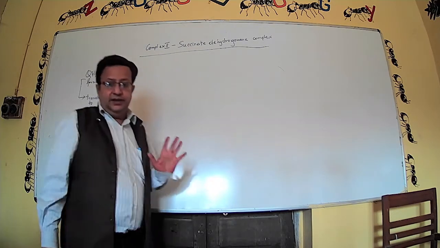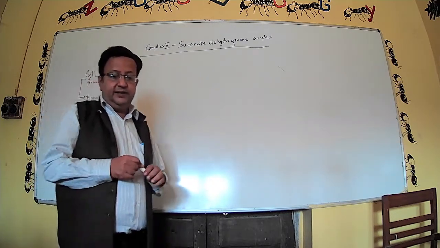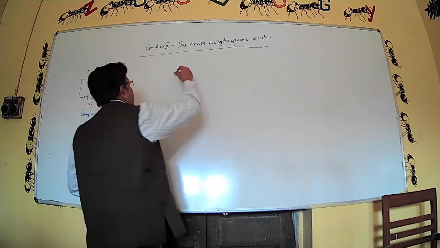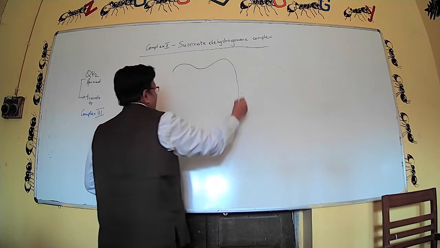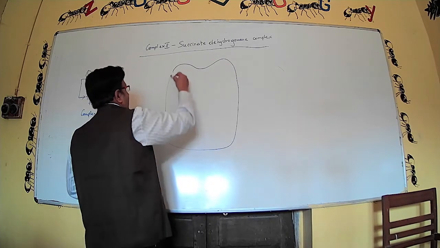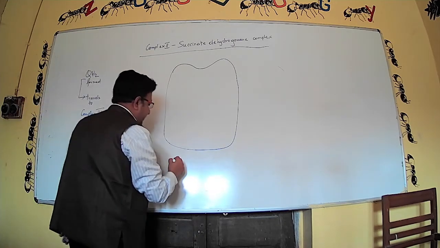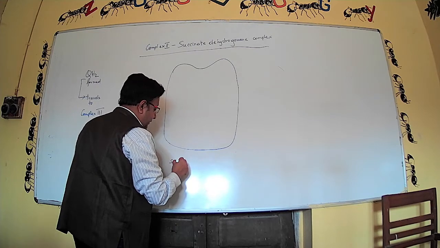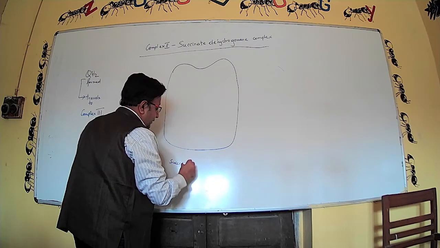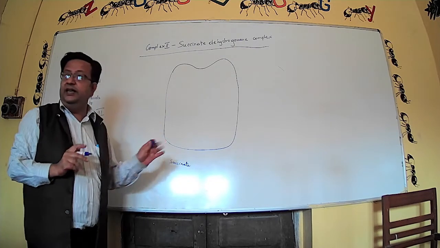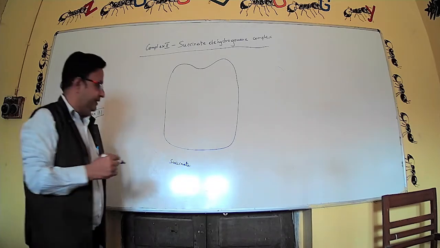So let's look at the structure. Something like this it looks. Succinate to fumarate. This is a step of the Krebs cycle which is taking place.